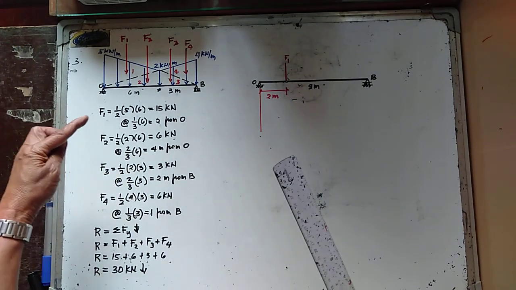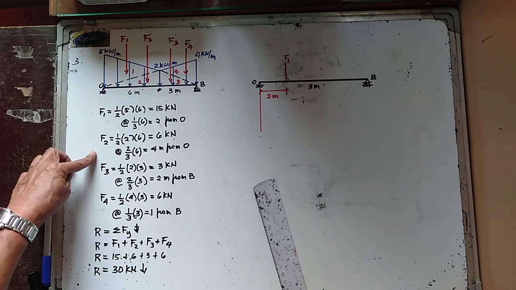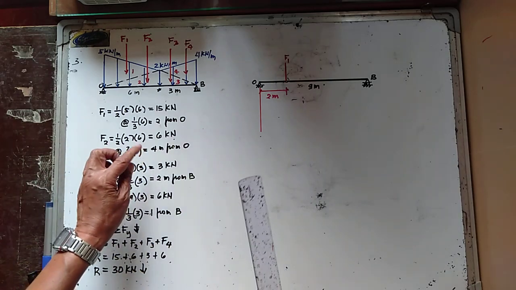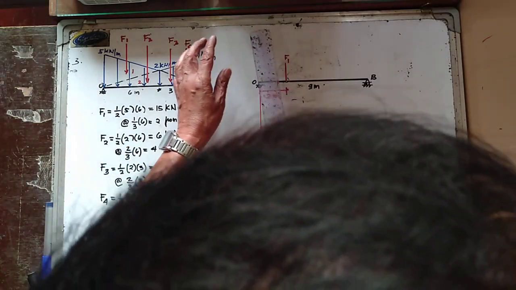And then your F2 is 4 meters from point O. This is now your F2.